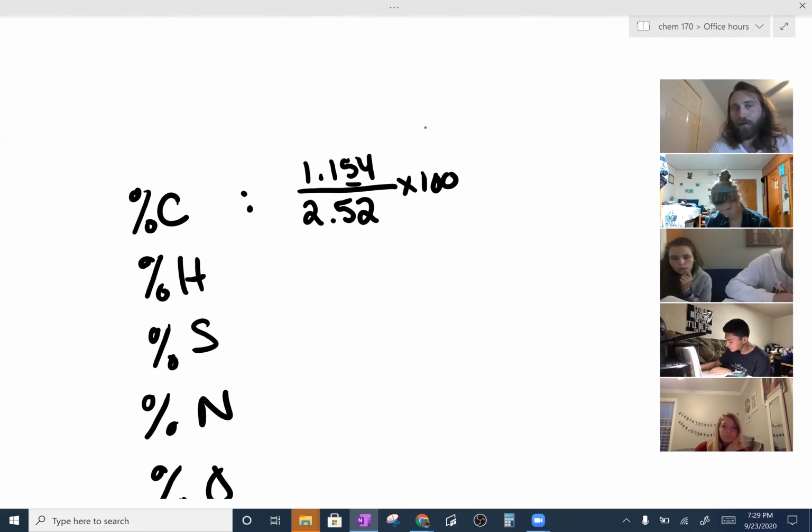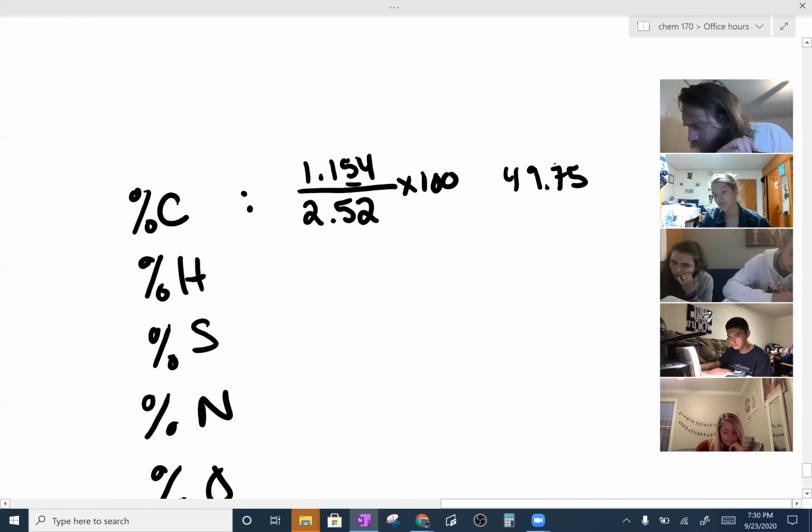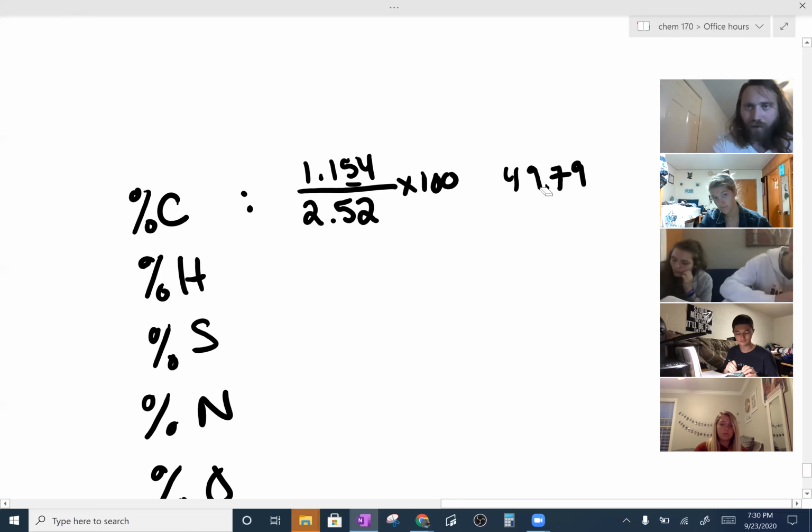So this unknown compound is 45.793% carbon.